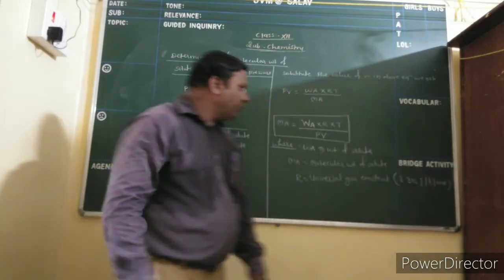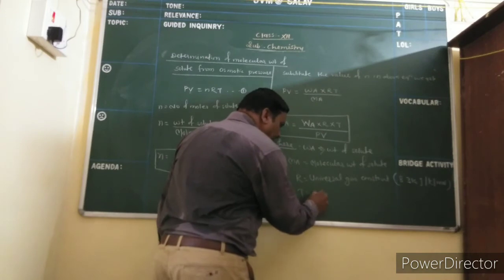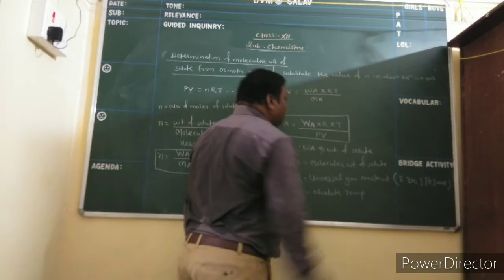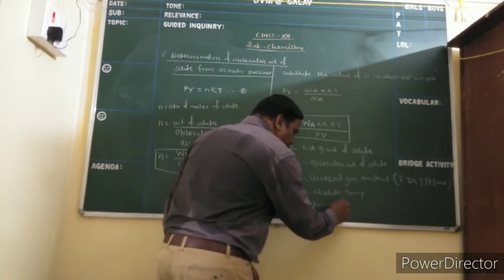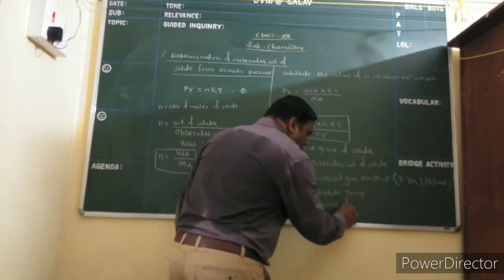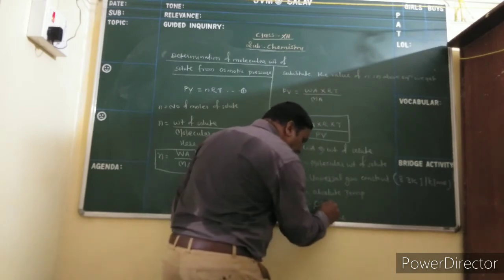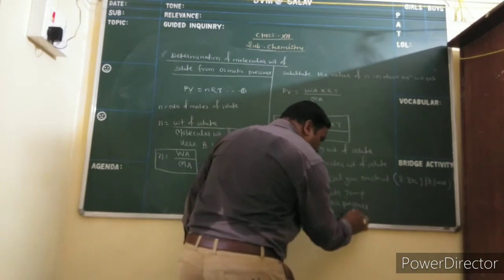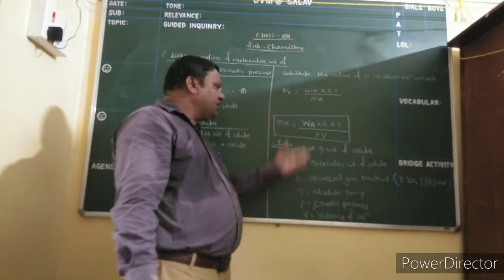This is the fixed value like Avogadro number. Then T is absolute temperature, P is pressure, V वॉल्यूम. ये P को हम ऑस्मोटिक प्रेशर लिखेंगे, and V is volume of solution. So this is the briefing of each and every term.